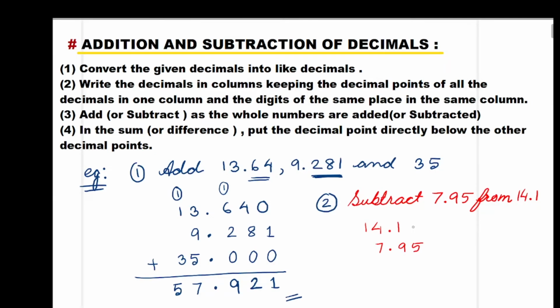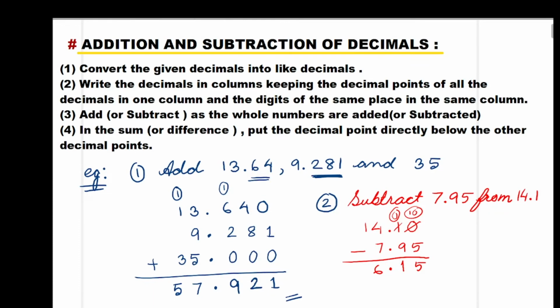Now see here, there is no place, that means both are unlike decimals. Now you just put a 0, then it will be like. Now 5, 10, here also 0, 0.13, 6.15 is the correct answer.